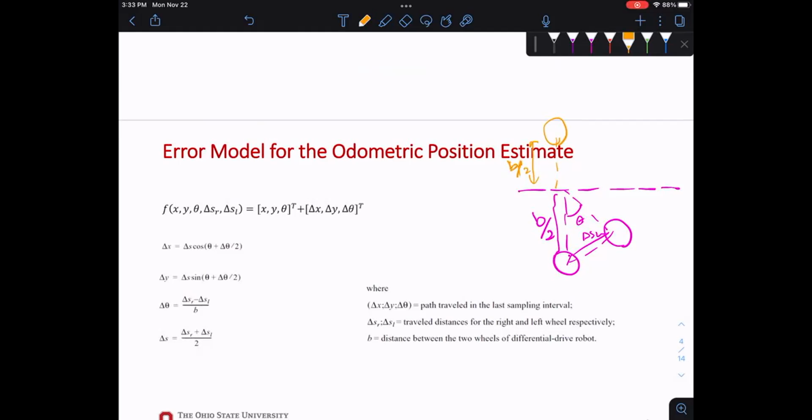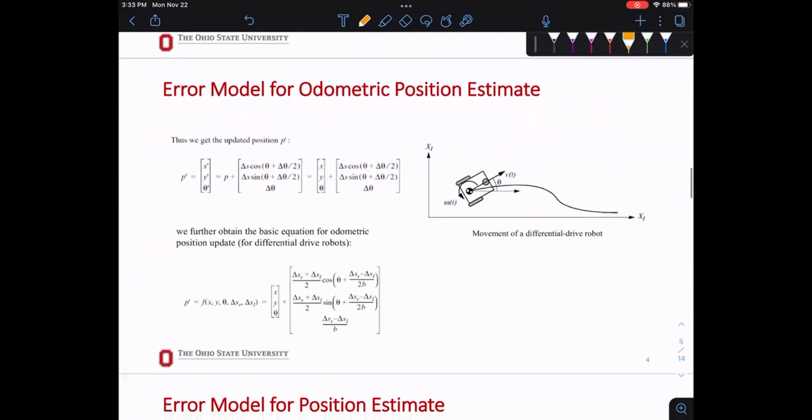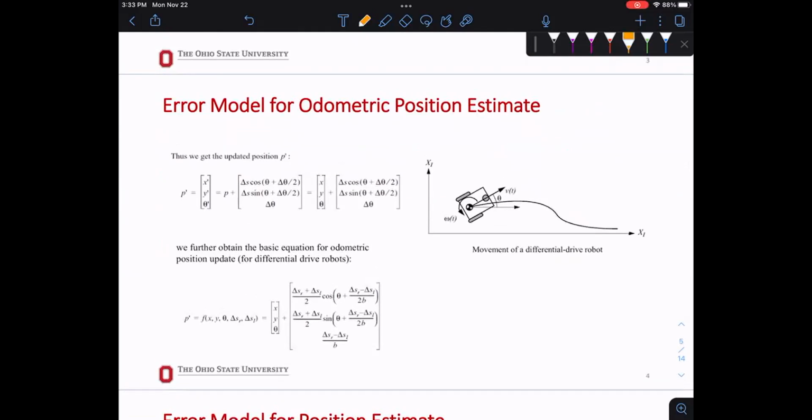So the whole distance is B. Now, if we write those in like that, then we can get P prime or next position P, X, Y, theta, plus just replacing those three numbers. So the equation for motion will be X, Y, theta plus those three delta values, the incremental values.